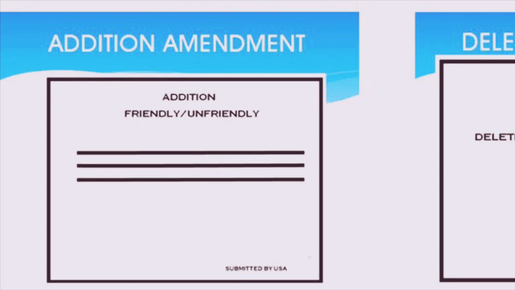So in the UNSC, if there are any observers, they are made to go out of the committee room, and only the 15 acting members of the UNSC will be allowed to vote.